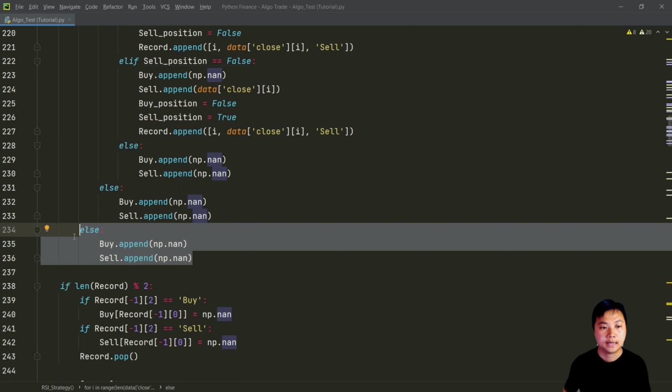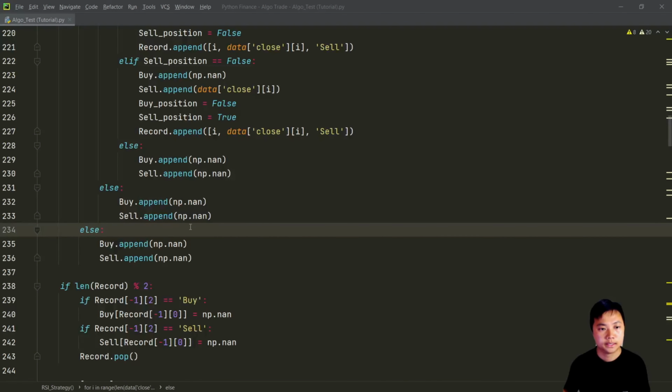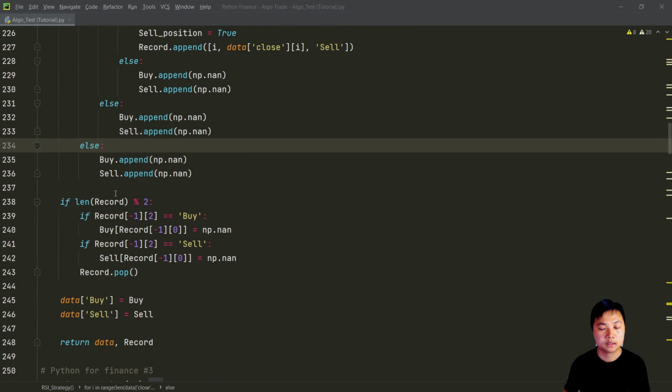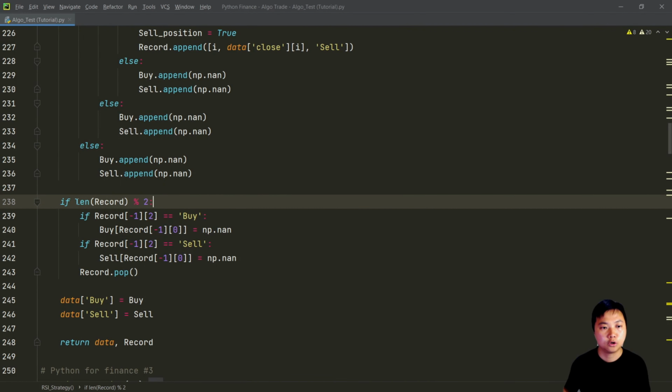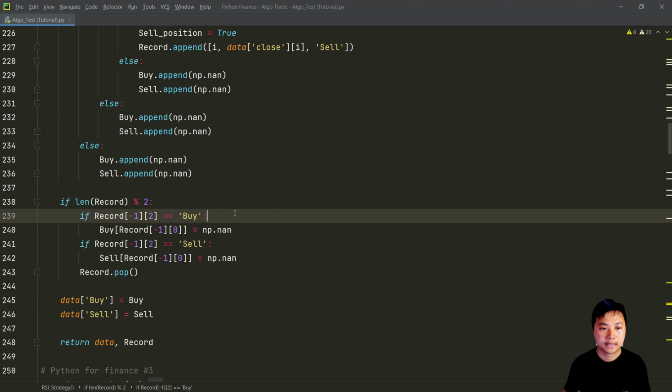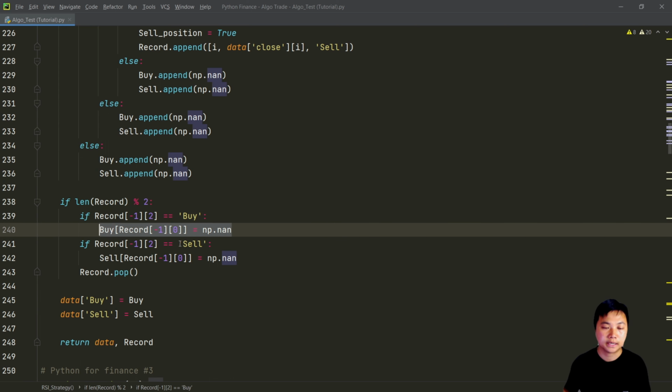That means because we're using RSI 14, for the first 30 minutes we are not going to do any trade. And finally, because we are talking about day trade, we do not want to hold any positions overnight. Therefore, whenever the number of trades is odd, that means we cannot settle the last trade. If the last trade is a buy, we will just remove that trade.